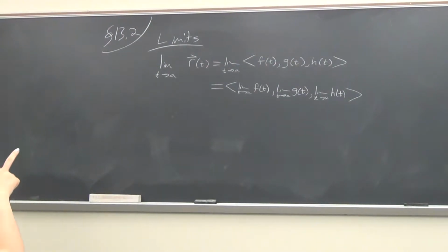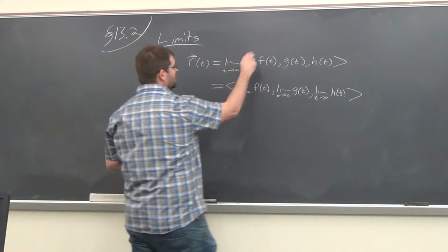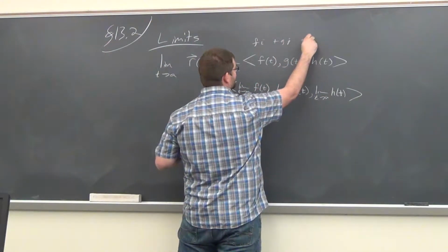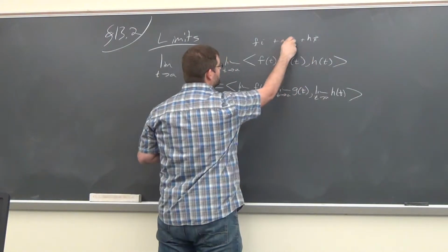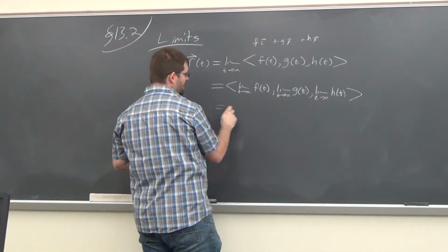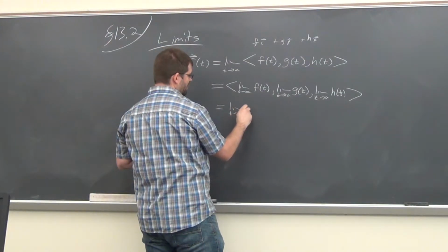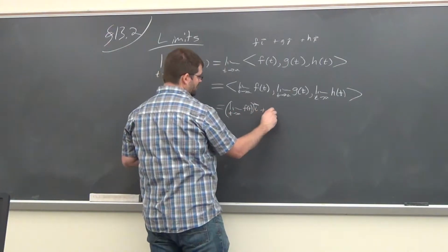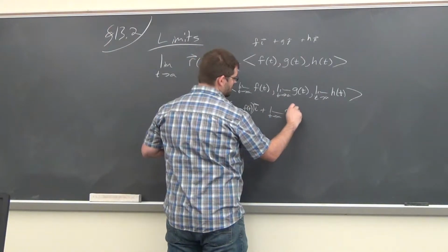So if this is f i plus g j plus h k, your limit is just the limit as t goes to a of f(t) times i, plus the limit as t goes to a of g(t) times j, and so on.